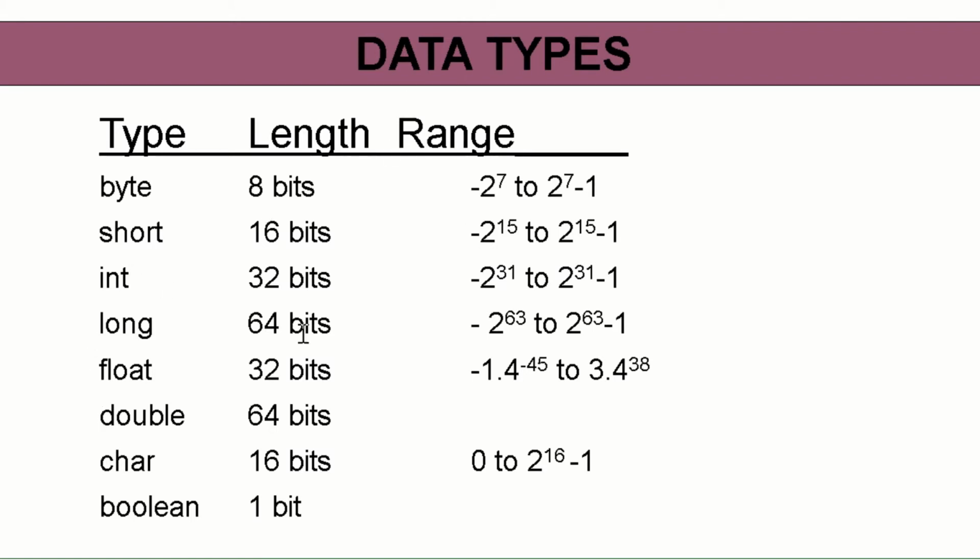The same goes for long, which is 64 bits, float of 32 bits, double of 64 bits, and character of 16 bits, 0 to 2 to the power of 16 minus 1, which defines all the characters and symbols of your alphabets. Lastly, boolean is just one bit because it only accepts either true or false. Those are the deeper definitions of data types in terms of length and range.